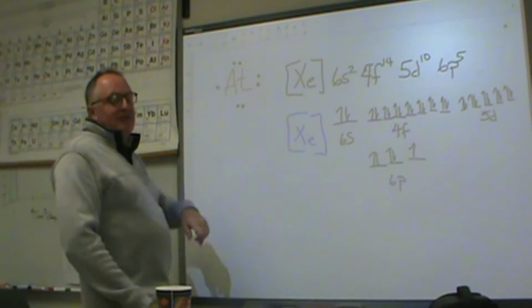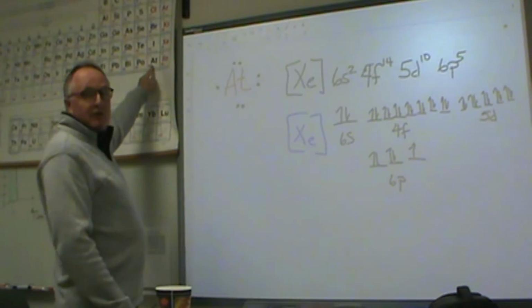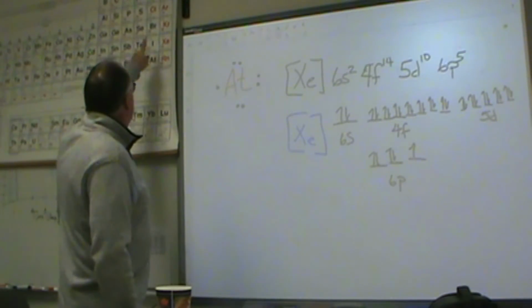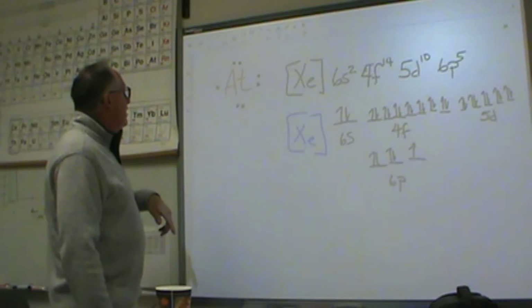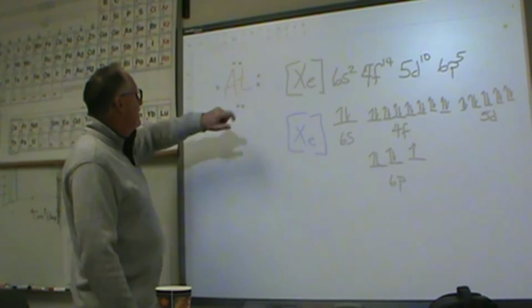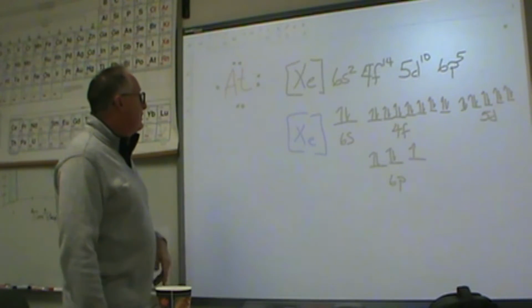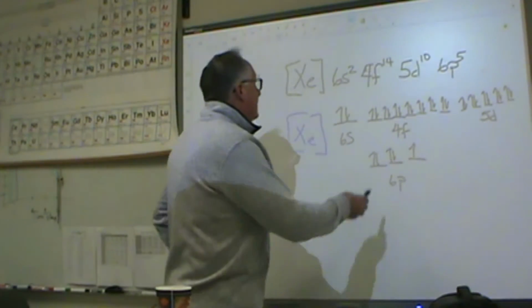It was astatine. Astatine is number 85 right here on the periodic table at the bottom of column 17. And the electron dot diagram shows 2 s electrons and 5 in the p's. You see the same thing here.